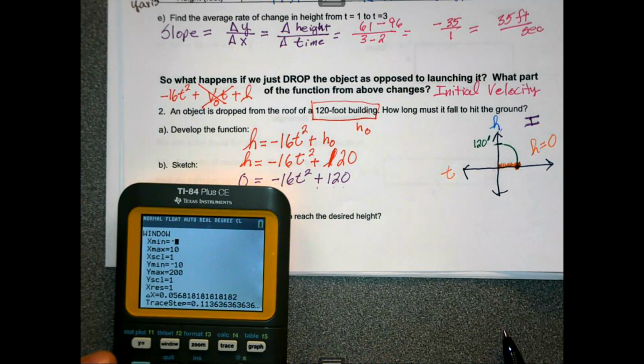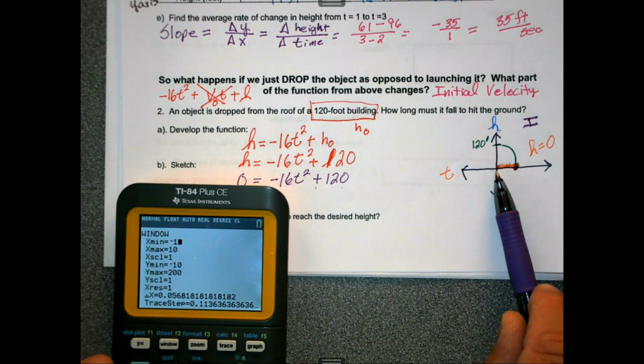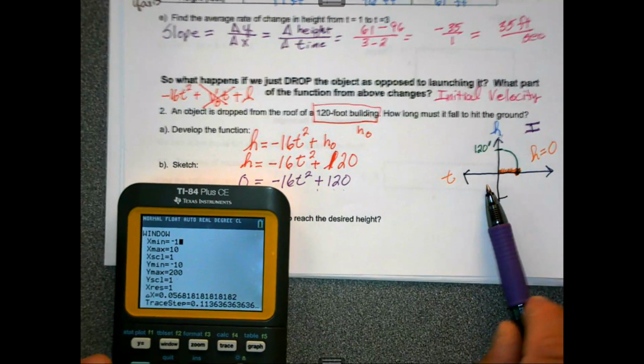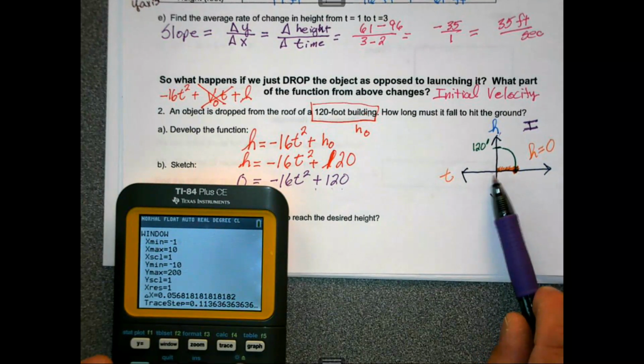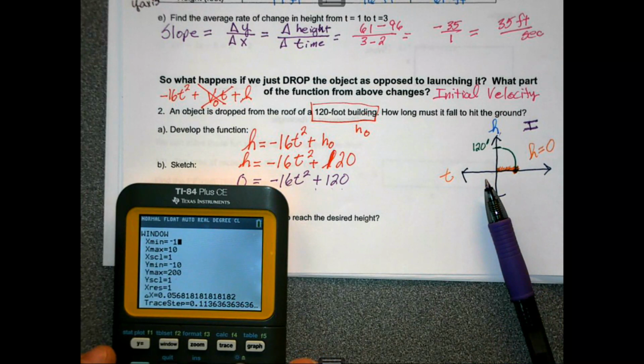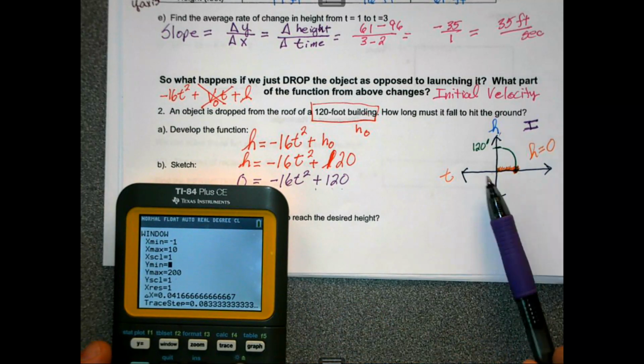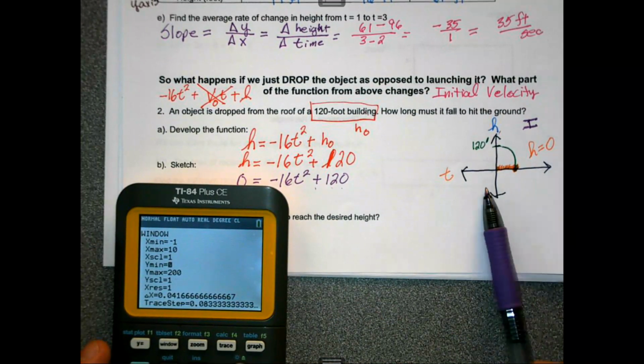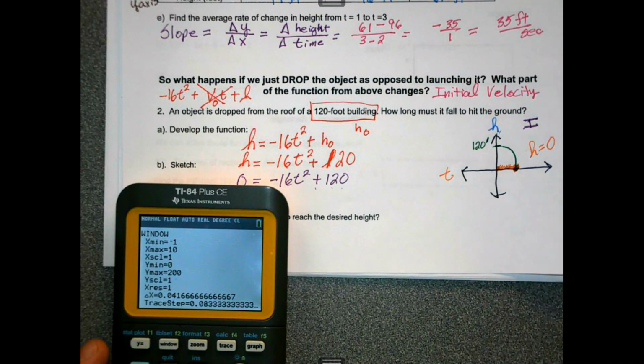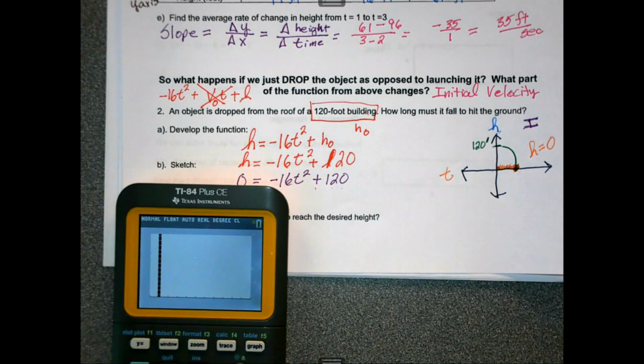I can put -1 there just to show a little bit of quadrant 2. I don't need quadrant 3 at all. So my y minimum, I'm just going to put as 0, because I don't need 3 or 4. My max wasn't that bad. I might lower it back down to 150. Let's see what happens here. Yeah, it's not too bad.